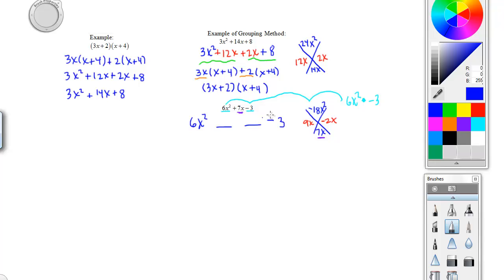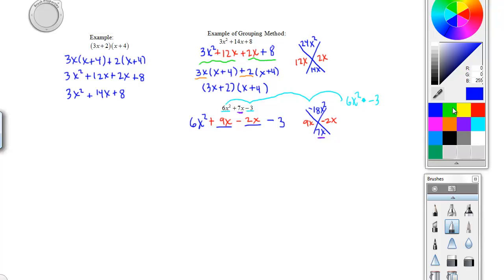It would be a good exercise to try them either way, but I'm going to go ahead and put the positive 9x here, and the negative 2x here. Again, you could switch these and say negative 2x plus 9x, and the problem will work out the same in the end.